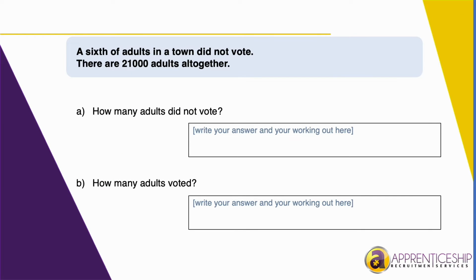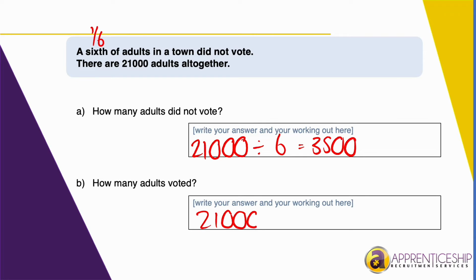So a sixth of adults in a town did not vote. There are 21,000 adults. How many did not vote? So 21,000 divided by the bottom number, which is 6, is 3,500. How many people did vote? So 21,000 take away 3,500.